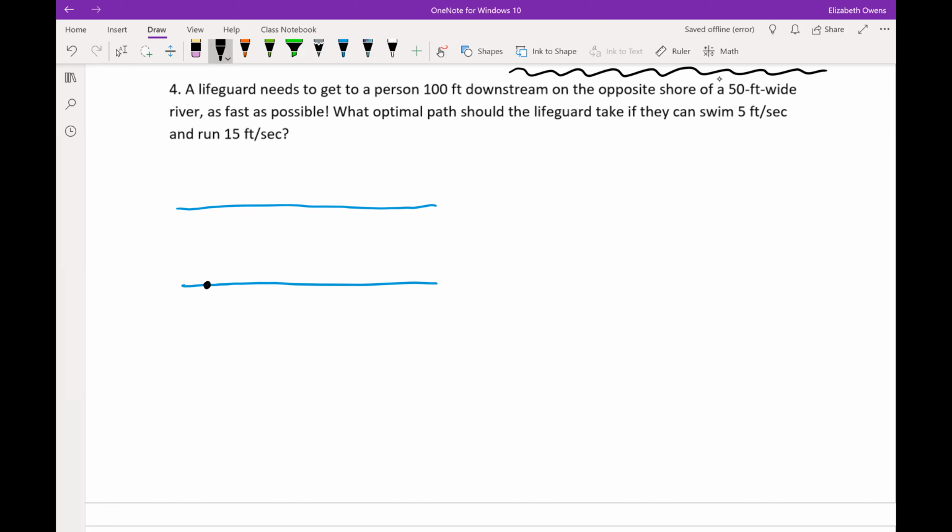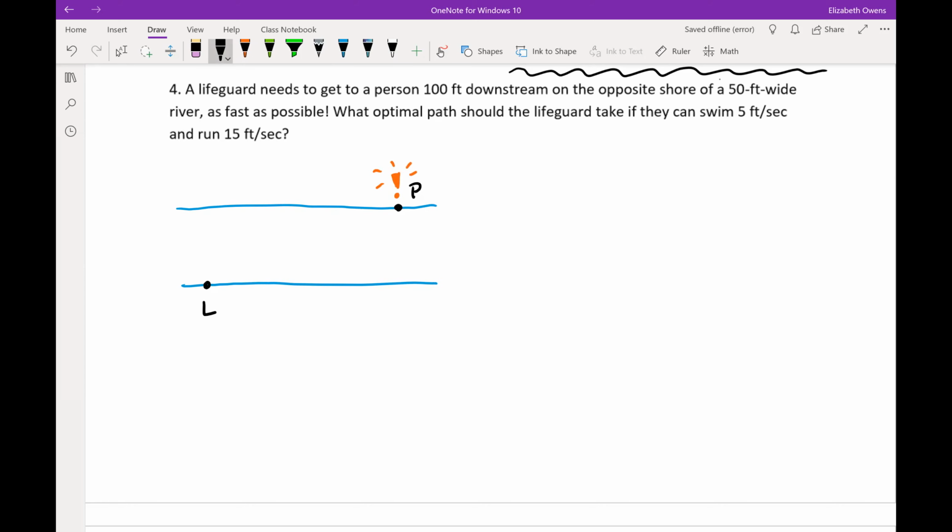Let's say our lifeguard is currently right here. And our person having an issue is 100 feet downstream on the opposite shore. So they are over here. I'll put P for person. And they say, help.